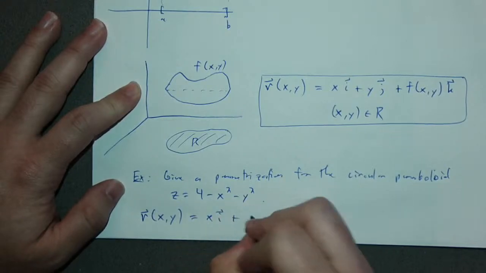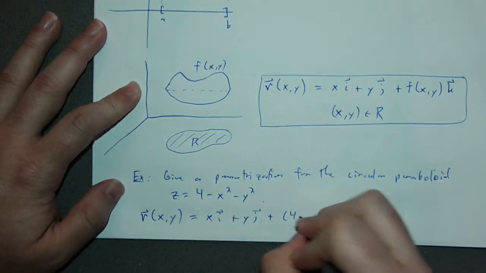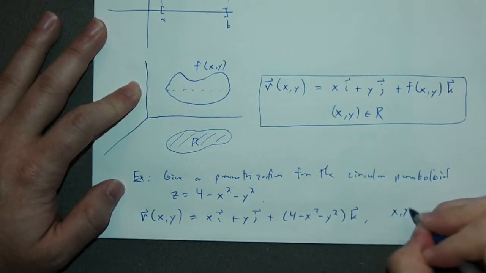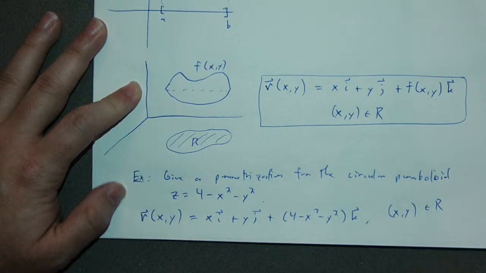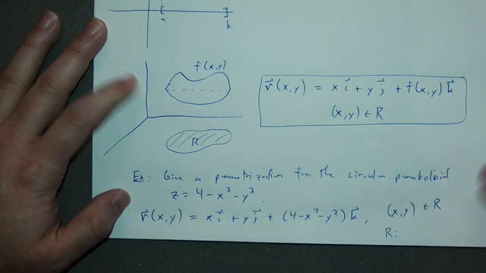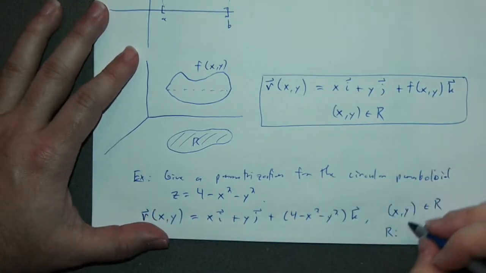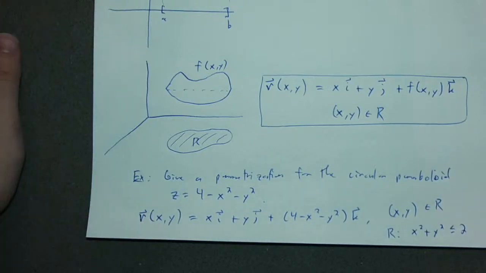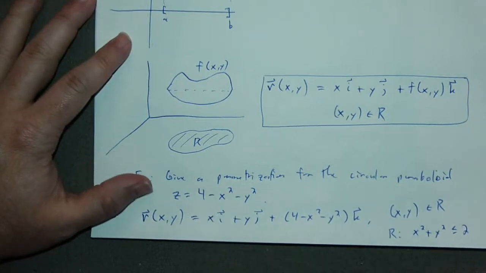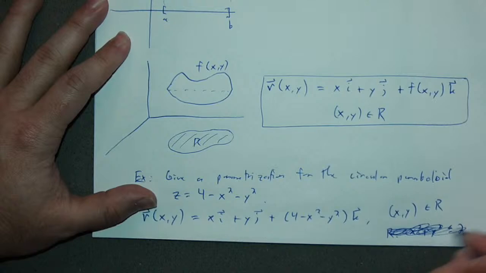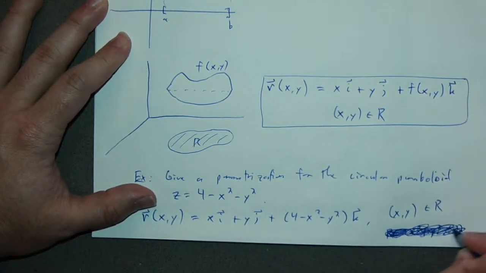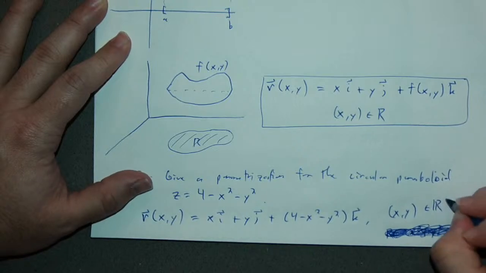This is just x i plus y j plus 4 minus x squared minus y squared k, where x and y are in R, where R is the closed circular disk of radius 2. Oh, actually, I didn't say that it was the region above this, so actually R is just the entire plane. I was going to include that description, but I jumped the gun. So R is the entire plane, which is just R2.